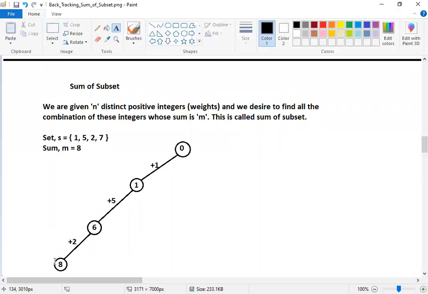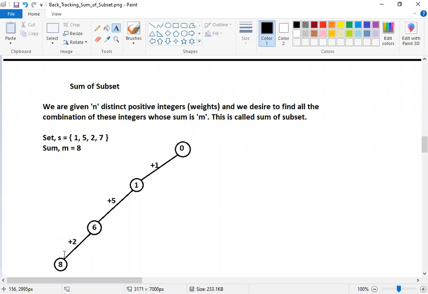Okay, now look at the node value here. Is this the actual sum we are looking for? Yes, the m value is 8, and here we have derived the node value to be 8. That means whatever path I have traveled from the root node up to this particular leaf node, I get one particular solution.